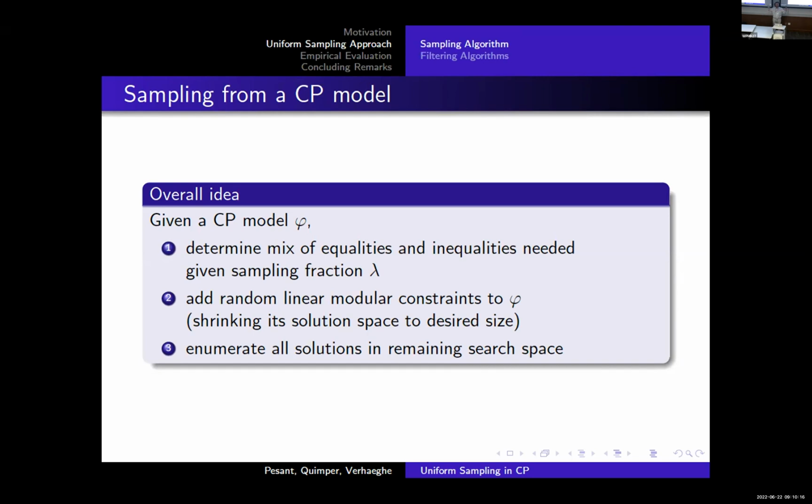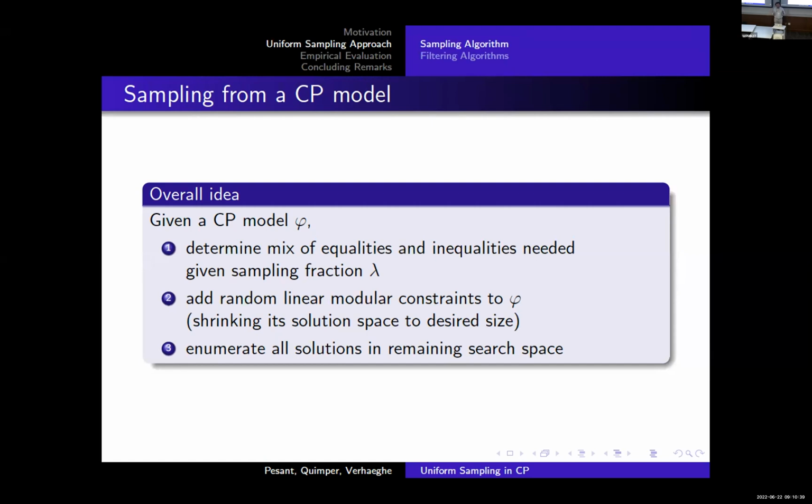You don't know how many solutions there are, but you want a sample that has that fraction of the solutions. So you'll need to determine the right mix of equalities and inequalities so that the fraction we saw before in the probability, the right-hand side, is the right one. Then it gets very simple. You just generate those random equalities and inequalities and add them to your model.